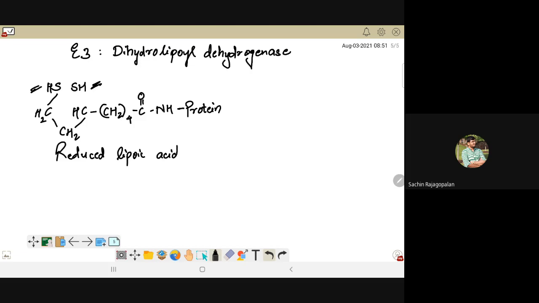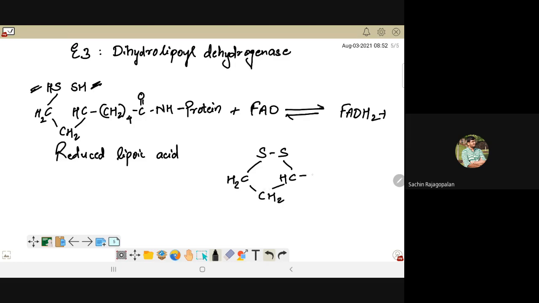Now when I'm removing hydrogen, I need an acceptor. The acceptor in this case is FAD, flavin adenine dinucleotide. So that's going to accept the hydrogens, thereby forming FADH2, and you will get your oxidized form of lipoic acid, which looks like this.